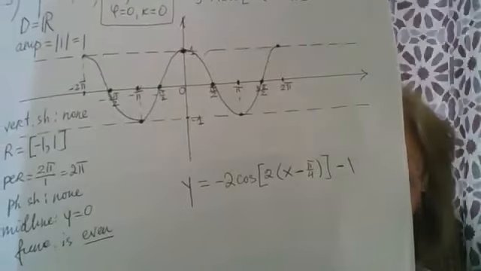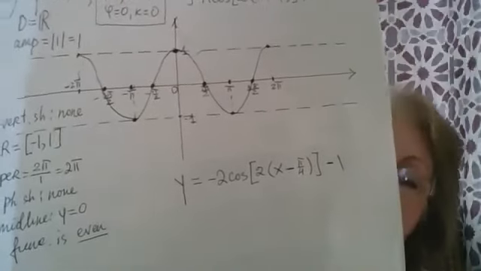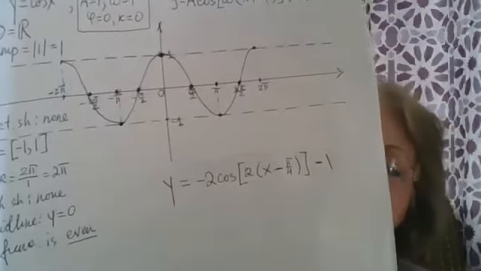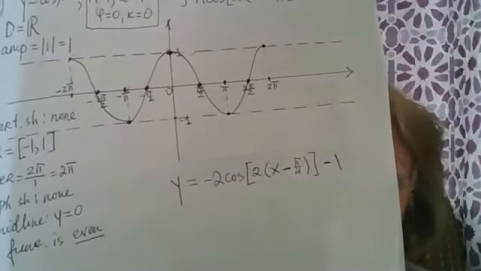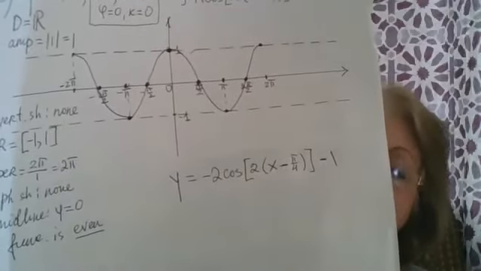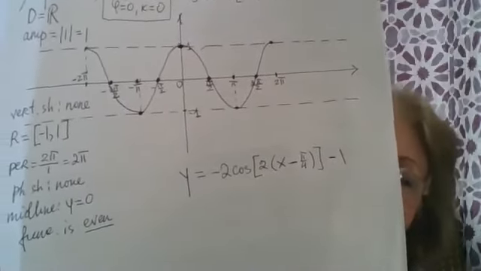This is not a basic cosine anymore, because for basic cosine we had a equal to positive 1, omega equal to positive 1, phi and k equal to 0.